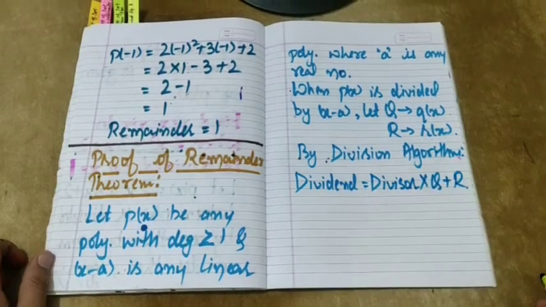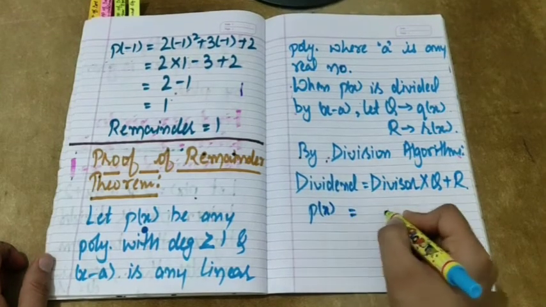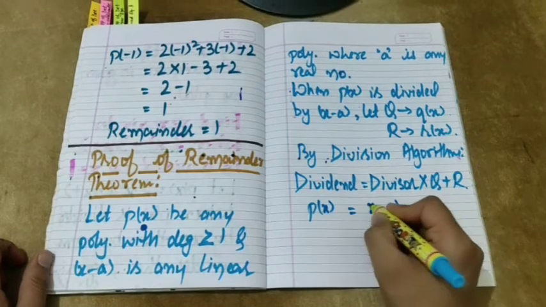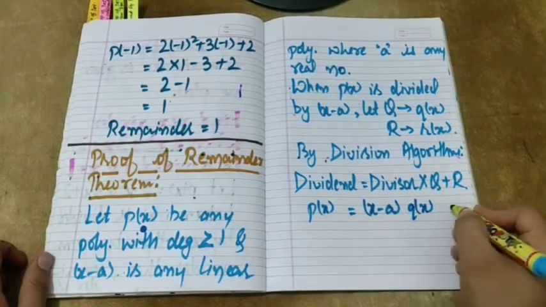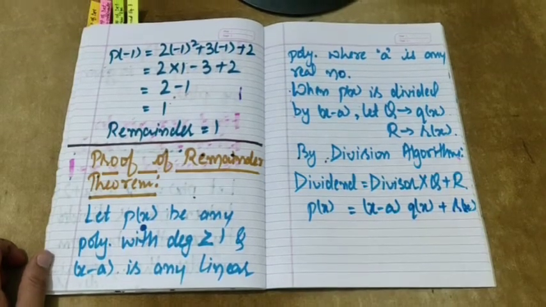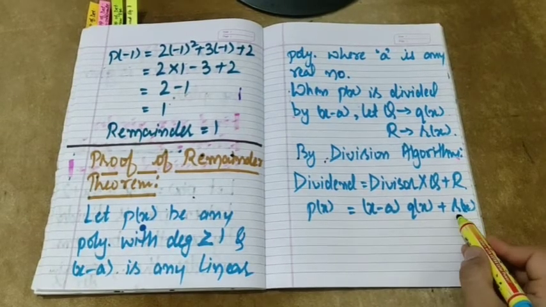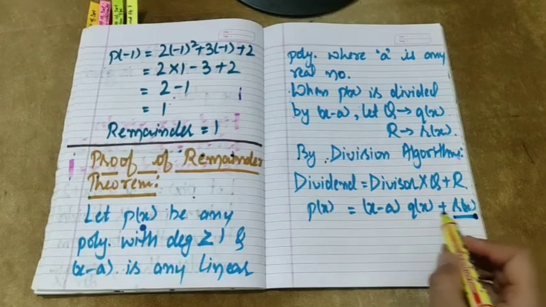And we know that the dividend is p of x, the divisor is x minus a, the quotient is q of x and the remainder is r of x, where the degree of the remainder should always be less than the degree of the divisor.